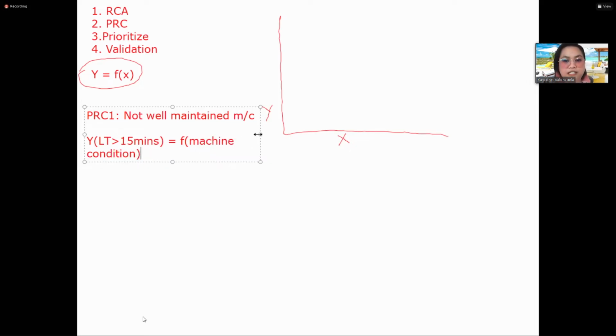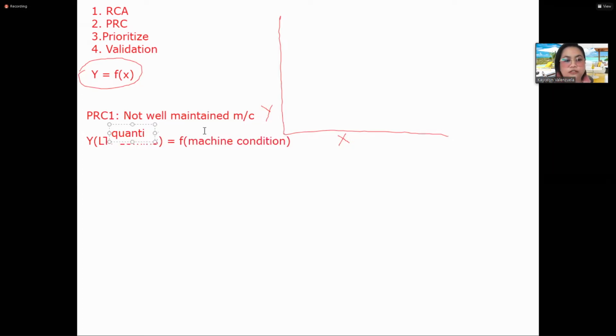Before you graph it, you have to identify, is my data quantitative or qualitative? Sa lead time ko, ano yung data na to? Is it qualitative or quantitative? What do you think? Yung lead time is number. So, quanti. Correct ba? Correct? Ayan, correct. So, how about machine condition? Is it quali or quanti?